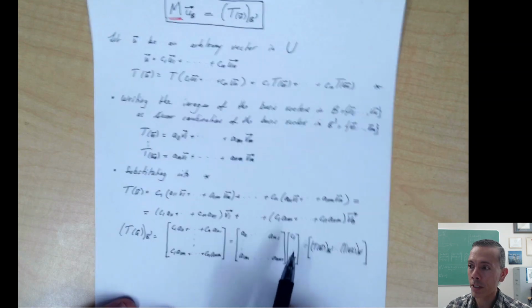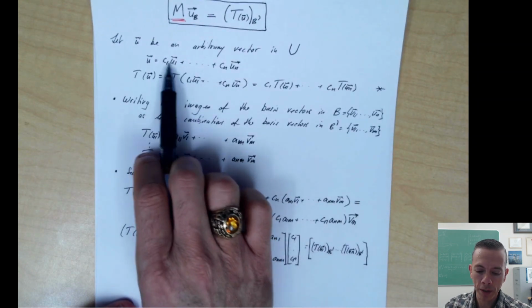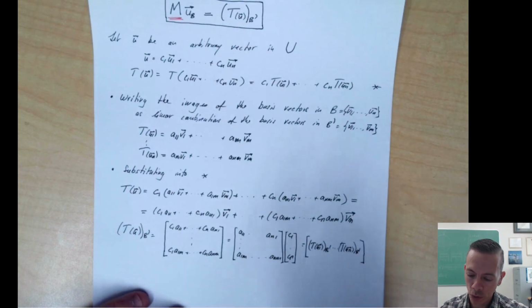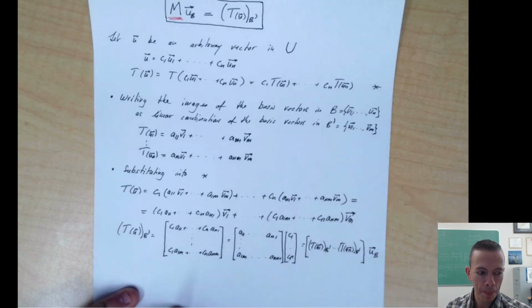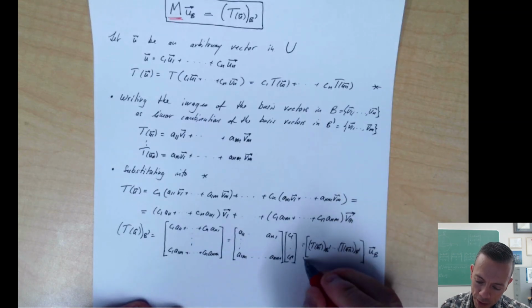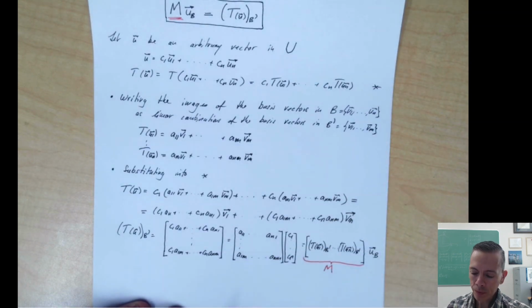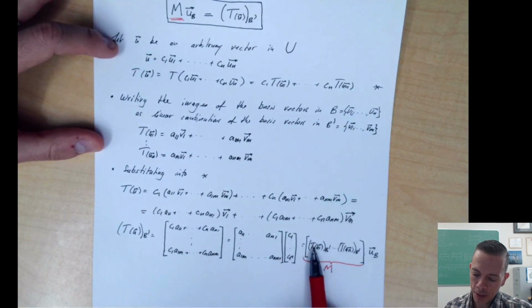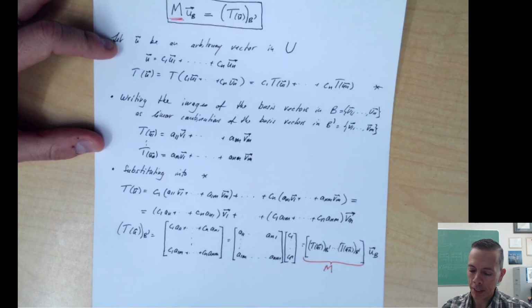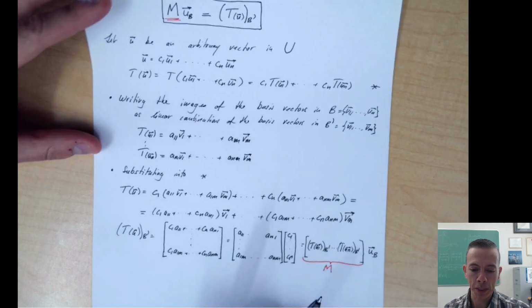And c1 to cn, if we just look above here, is just the coordinate vector of u with respect to B. So we have found the matrix M that we were looking for. It's this matrix right here. So we see what M is: it's a matrix whose columns are the coordinate vectors of the images of the basis B relative to B prime.